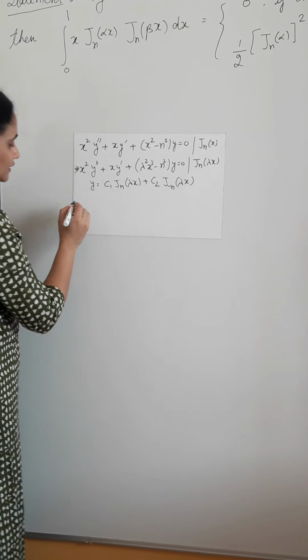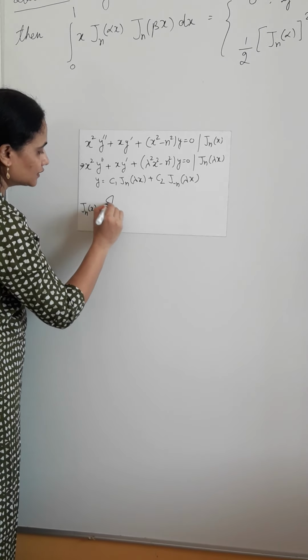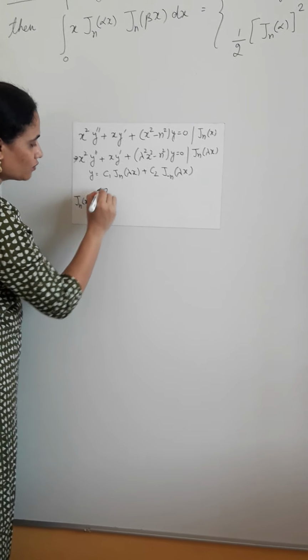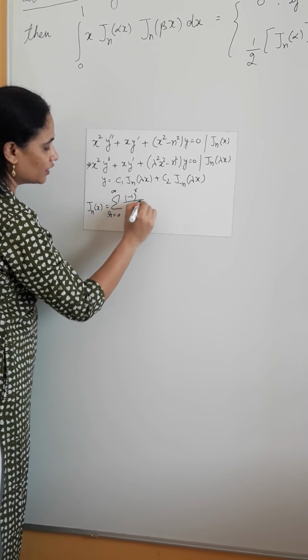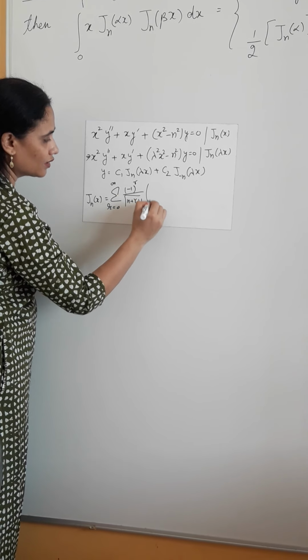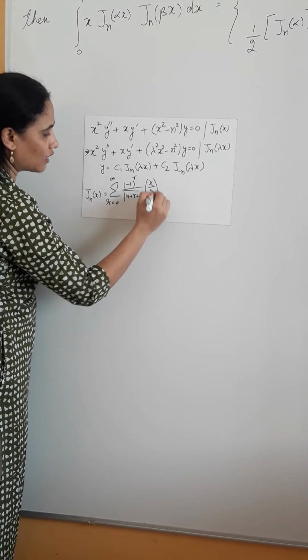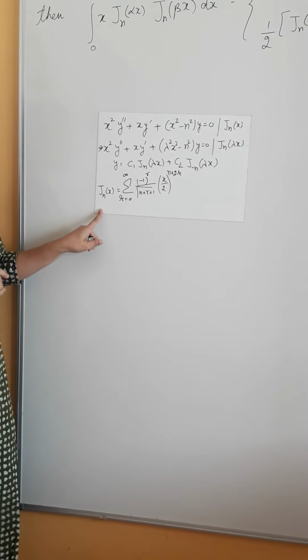Now what is Jn(x)? What was the value of that Bessel's function? It was the summation over r varying from 0 to infinity of (minus 1) power r divided by gamma of (n plus r plus 1) times (x by 2) power (n plus 2r). This is the value for Bessel's function.